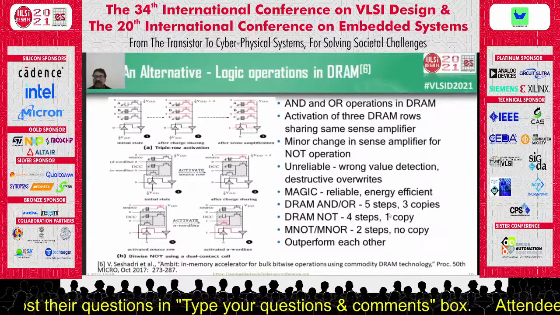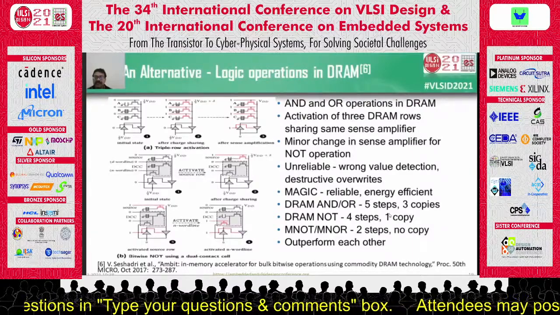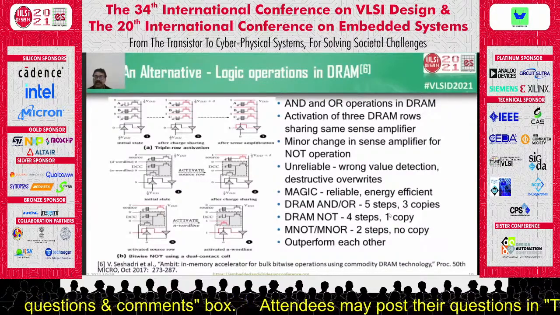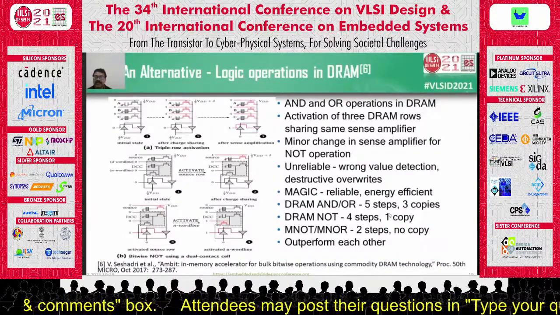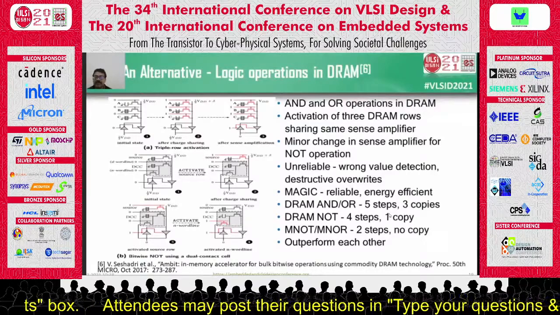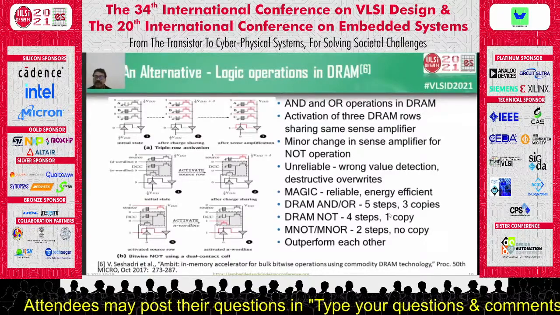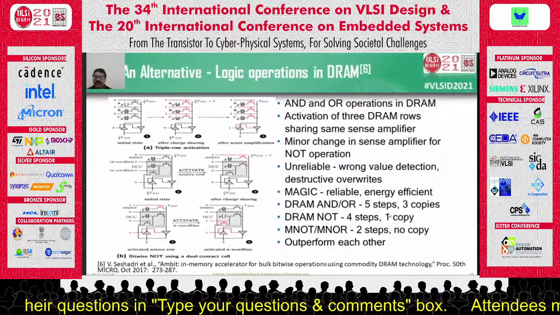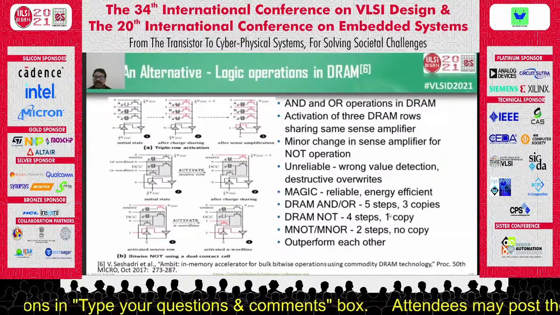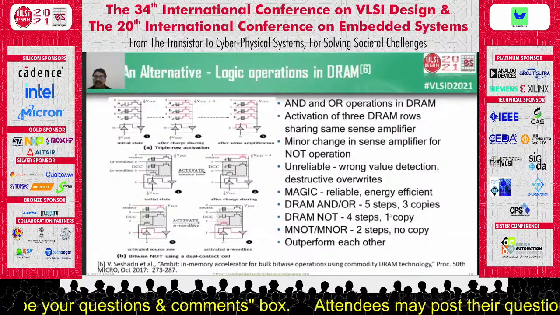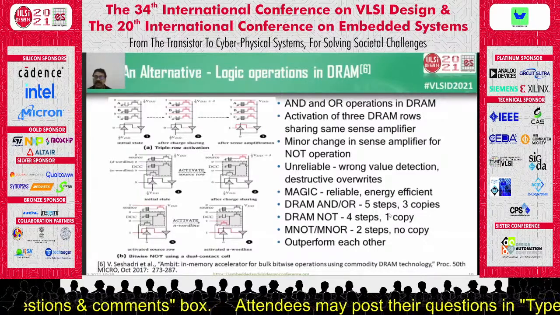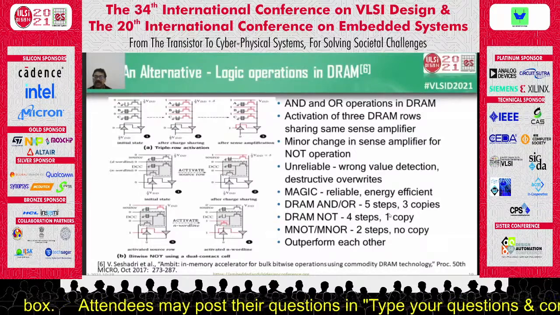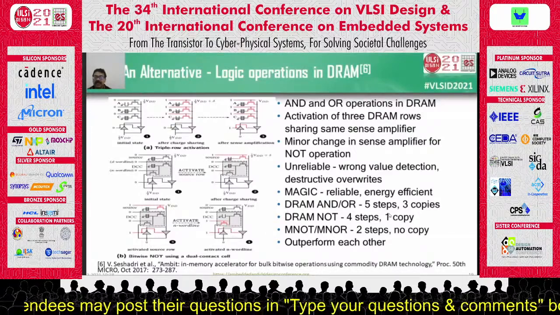There is an alternative approach to perform this in-memory sorting using logic operations within the DRAM. We can use the method of triple row activation, where the activation of 3 DRAM rows sharing the same sense amplifier can be done to realize AND operations within the DRAM, and also a minor change in the sense amplifier can lead to a NOT operation. But these are unreliable due to the value detection and destructive overrides.